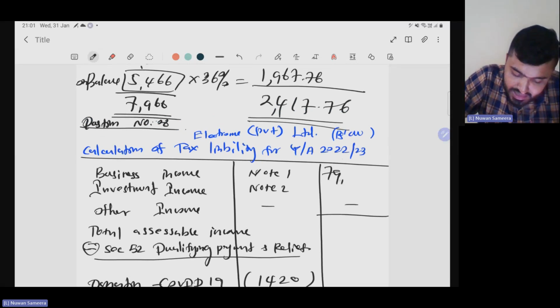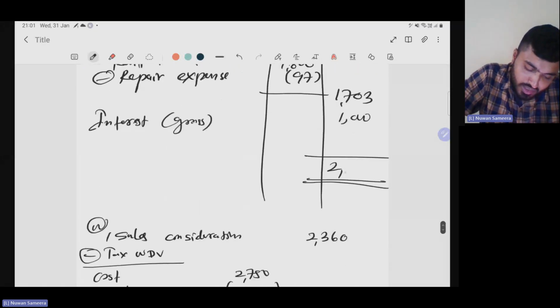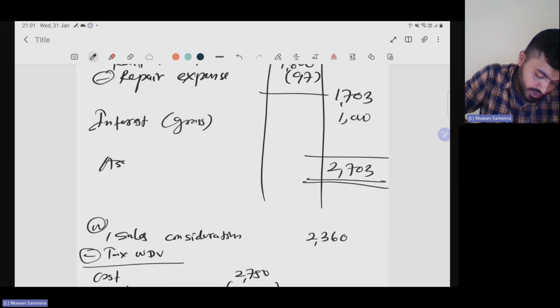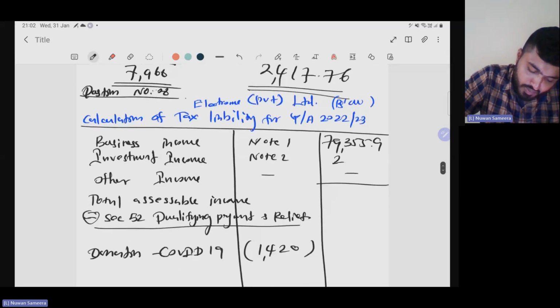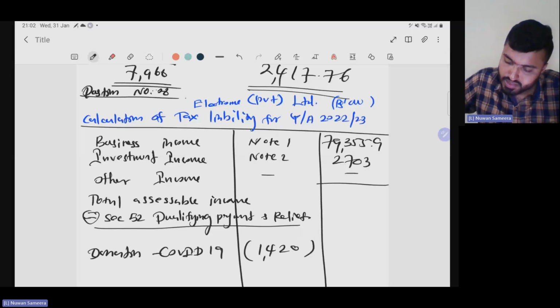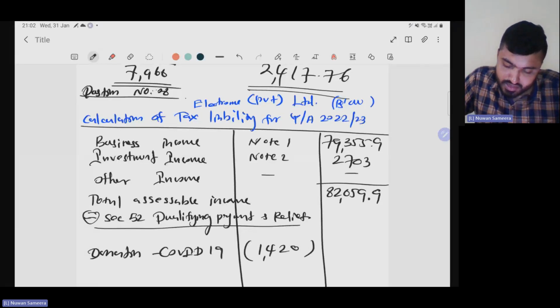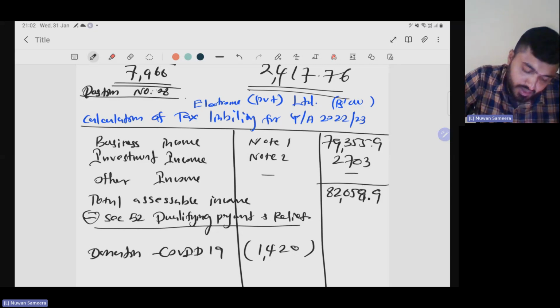So you can go to the calculation. Taxable income from the business 79,355.9. At the same time you can go to the investment income. So 2,703. This is the assessable income from investment. So total you can get 82,058.9.